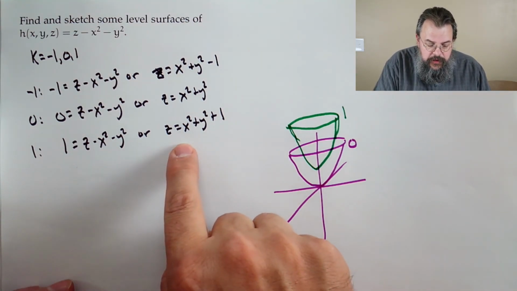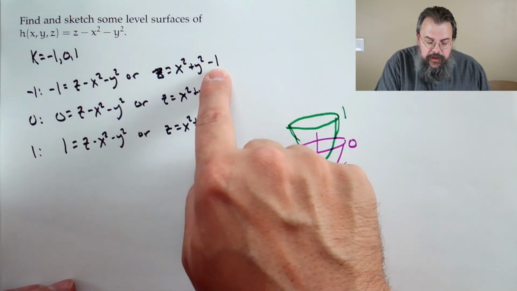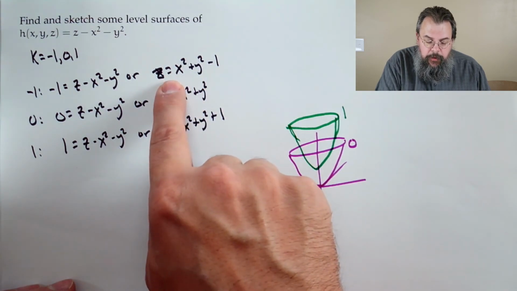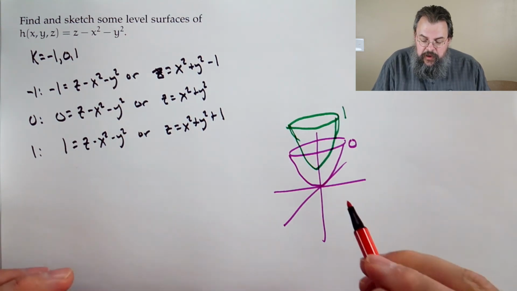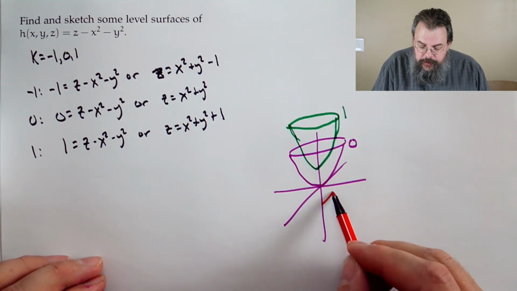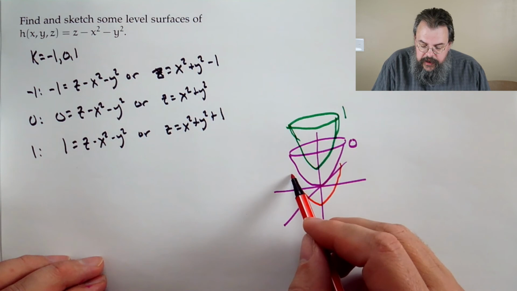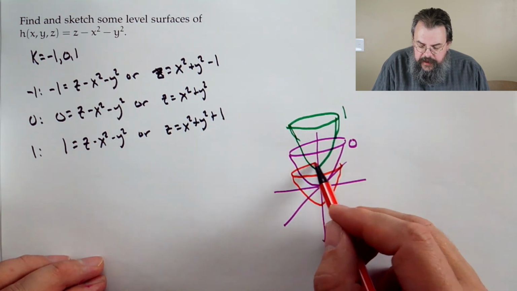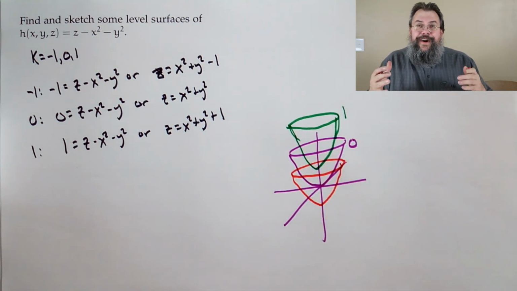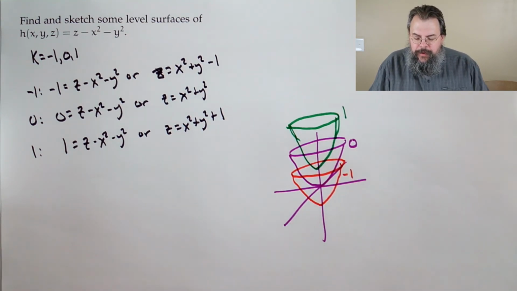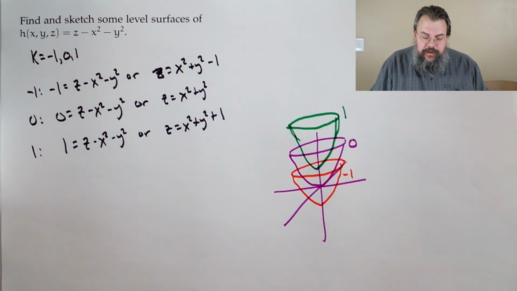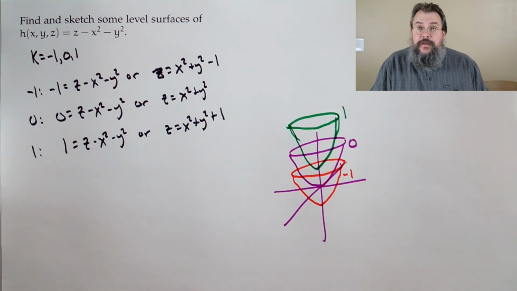The reason it's a shift down, there we go, is we're just affecting the z-coordinate by moving everything down by 1. So what are we forming? Well, what we're forming is kind of like a big infinite stack of, like, if you ever use Tupperware, where you have nested Tupperware and you have it all nicely stacked one inside of another, and we get that shape. So there's a sketch of some level surfaces.